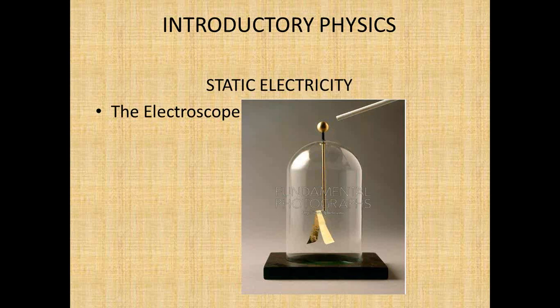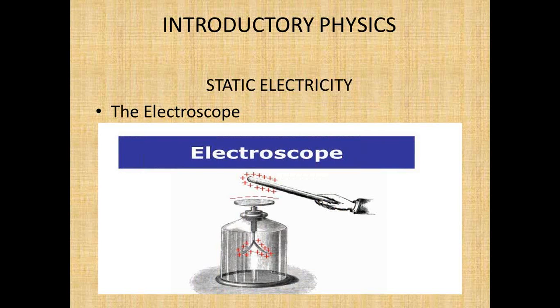They're going to be right beside each other. The leaf is going to close. This is how an electroscope works. An electroscope is a device that just checks for charge. If something is charged, it will register it.